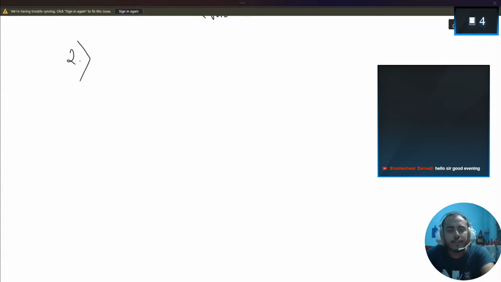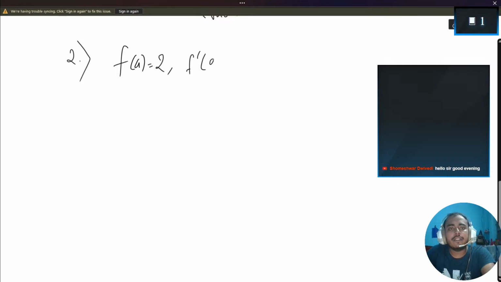So for the next question, we can do another very similar one. Suppose that f of a is equal to 2 and f dash of a is equal to 1. We are also given that g of a is minus 1 and g prime of a is 2.